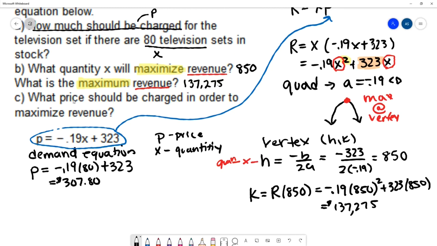Now we have one more question to go, one more part. What price? Price is that lowercase p. What price should be charged in order to maximize revenue? So remember, our price is based on quantity. X is quantity. So we have 850 as the quantity to maximize.